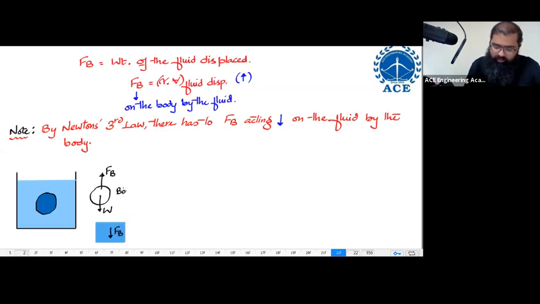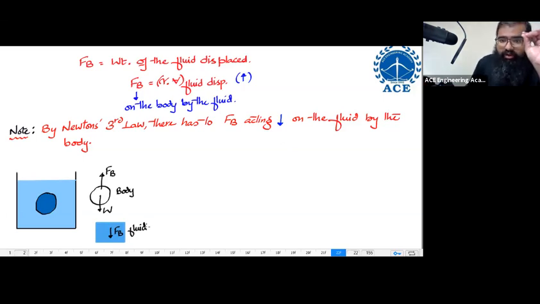This is for body, this is for fluid. Since the fluid is applying an upward thrust on the body, the body is applying a downward thrust on the fluid, equal and opposite, by the virtue of Newton's third law. This is the meaning of the statement over here. I hope this is clear to you.